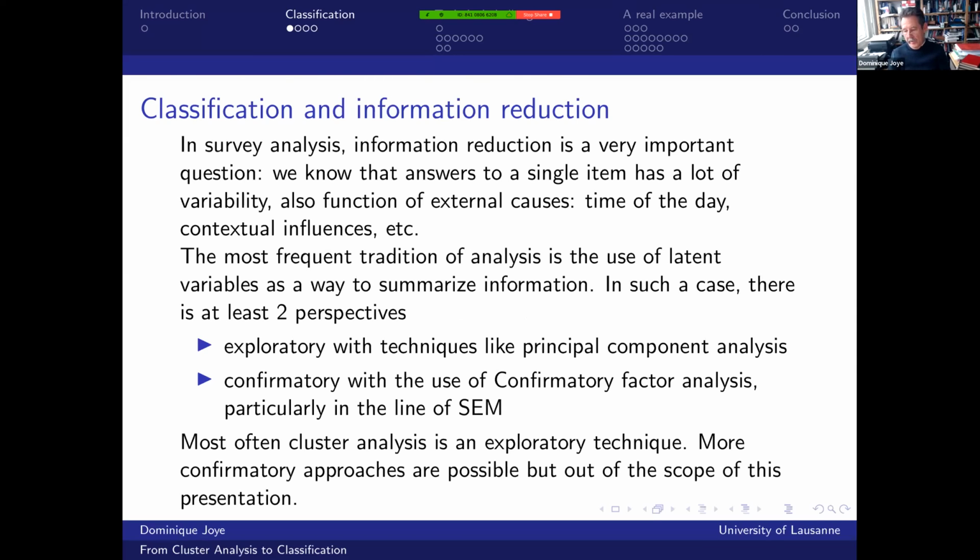Most often we do that by latent variables, so we replace a set of variables by one or two or three factors or latent variables. But we can do the same in the other direction, so to replace information by just a nominal variable that will keep as much as possible of the original information that we have.